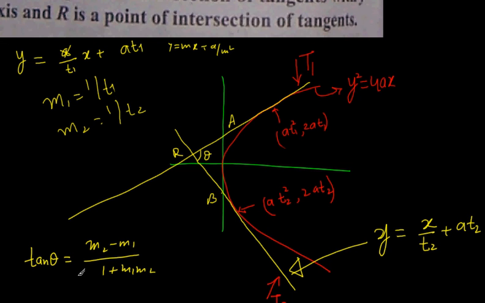Now you will put this value over here, meaning 1 by t1, 1 by t2, and we need to find, don't forget what we are trying to find out. We are trying to find a relation between h and k, because hk is the locus.